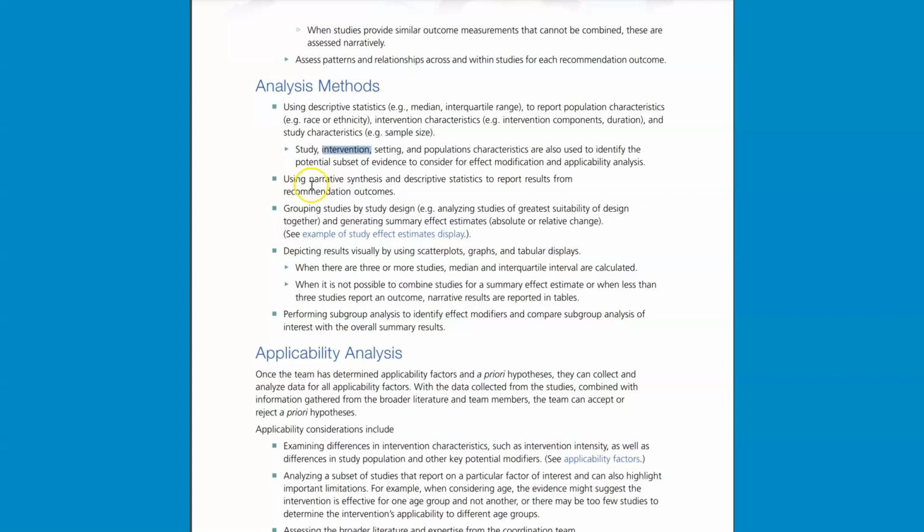Other analysis methods, of course, use narrative synthesis and descriptive statistics to report results. This is a really good way to have recommendation outcomes. And then grouping studies by study design, and so analyzing studies of greatest suitability of design together.